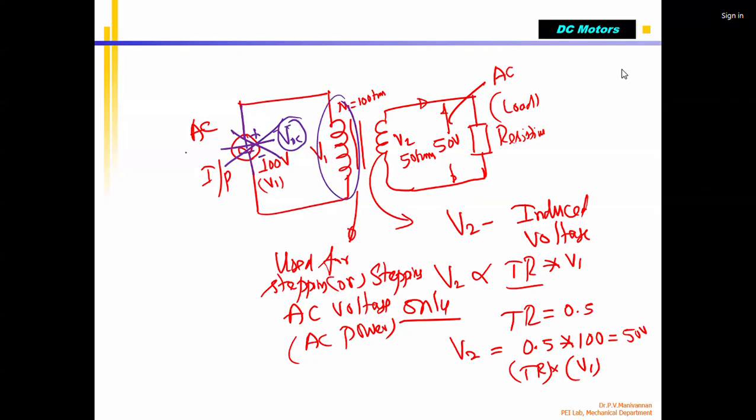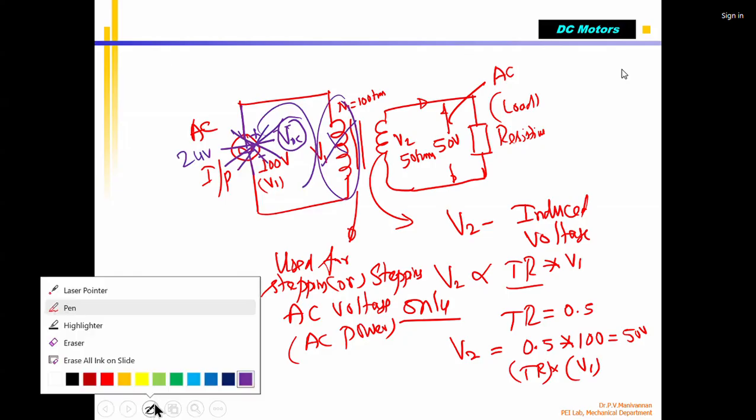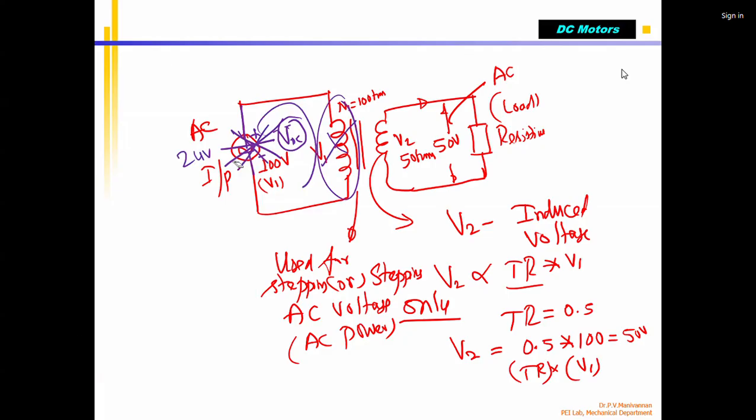For example, with a 24 volt battery, heavy current will flow, the battery will fail, and your transformer also has chances of failing. So never connect DC voltage to a transformer. That is the most important thing. A transformer can amplify only AC voltage. Note that down.